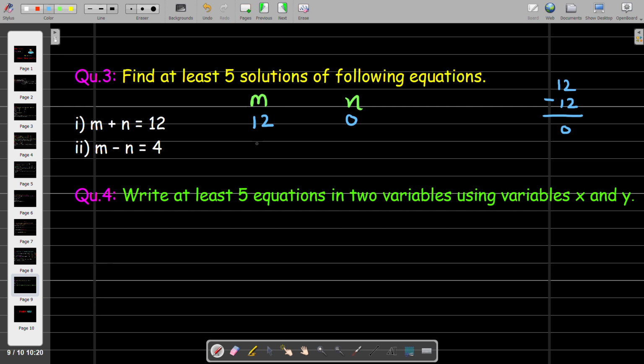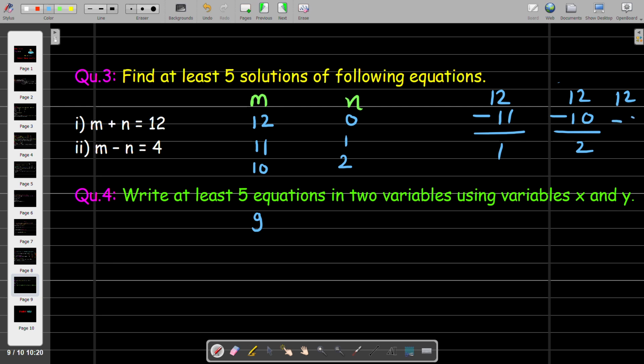If we take the value of m equal to 11, subtract 11 from 12. 12 minus 11 is equal to how much? 1. If we take m equal to 10, then we subtract from 12, we will get 2. If we take m equal to 9, then we subtract from 12, we will get 3.